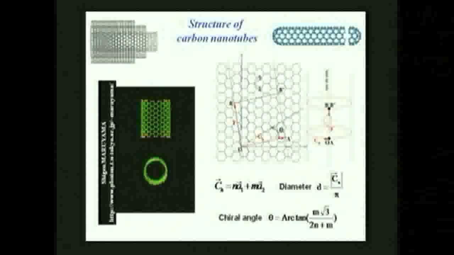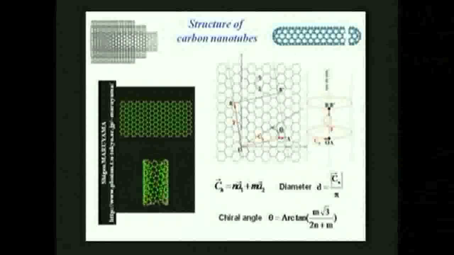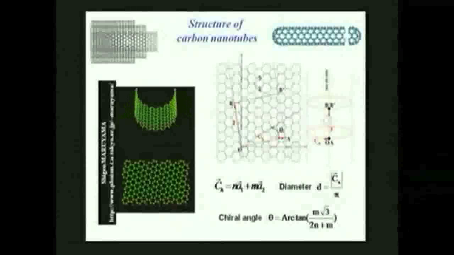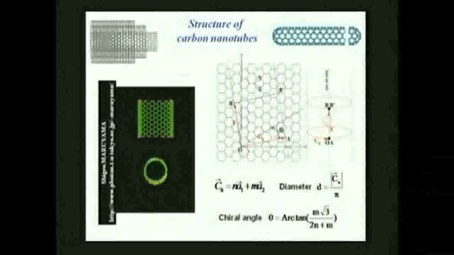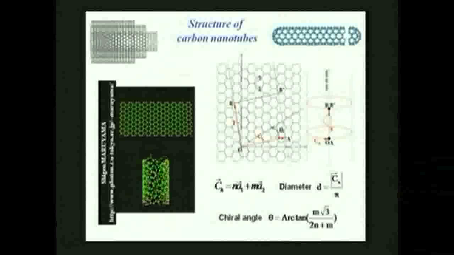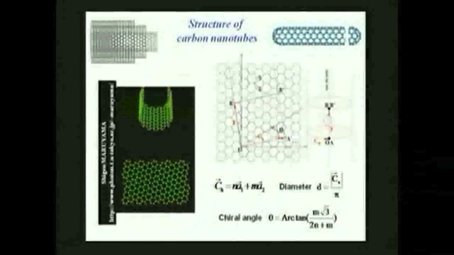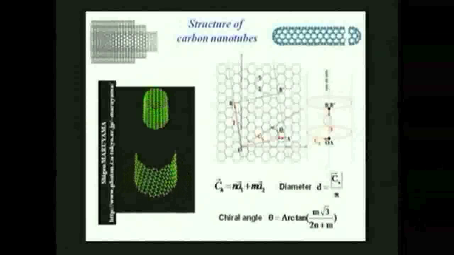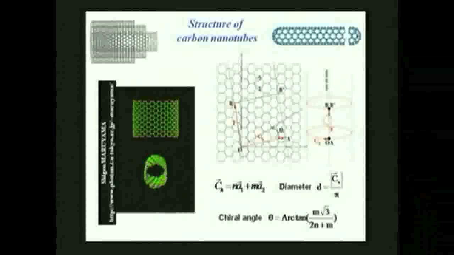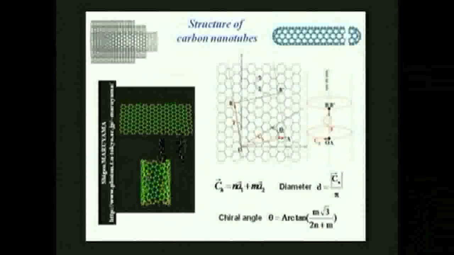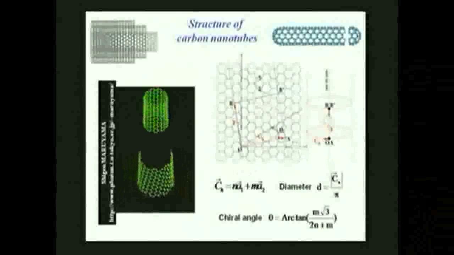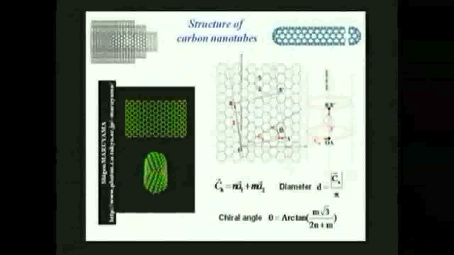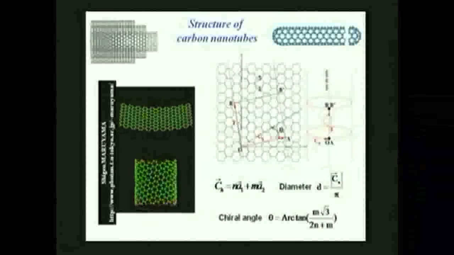So in the following of the course, we will usually speak about a (10,0) nanotube or (5,5) nanotubes, and this will refer to this chiral vector. When you know these integers n and m, you can calculate the diameter from this relation, and you can calculate another very important parameter, which we call the chiral angle, and we note it theta.